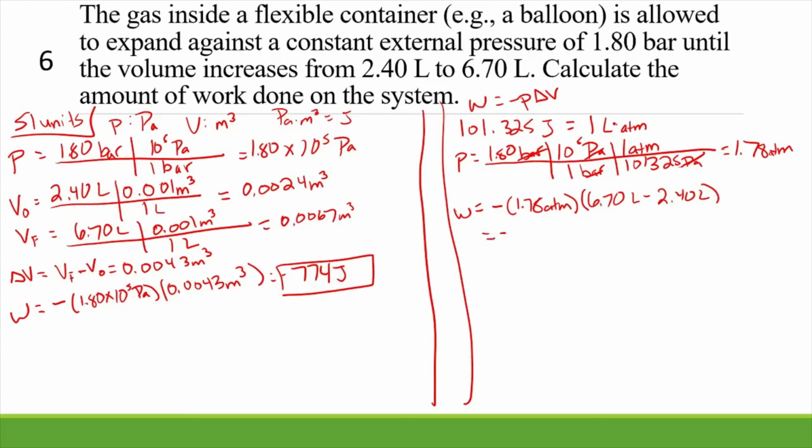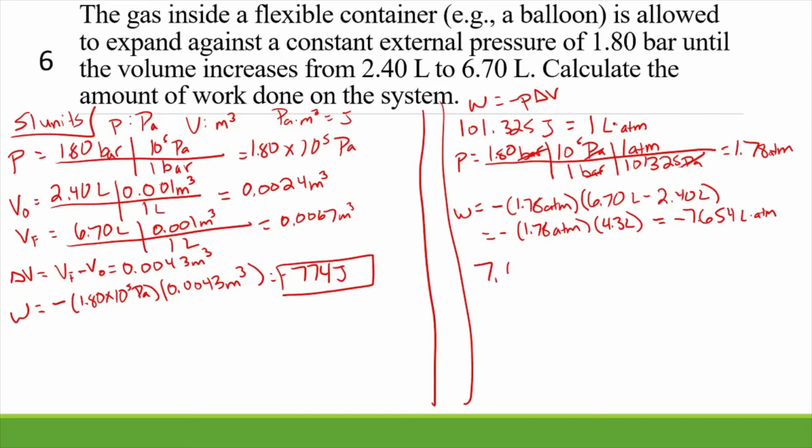So this is negative 1.78 ATM times 4.3 liters. And so this is negative 7.654 liter times ATM. So our last step is now to convert this liter ATMs into joules.